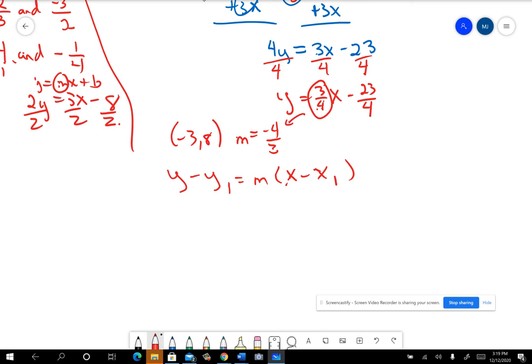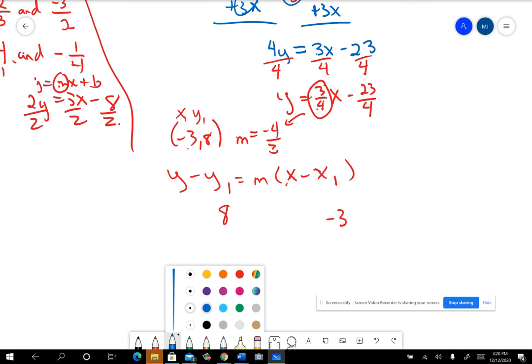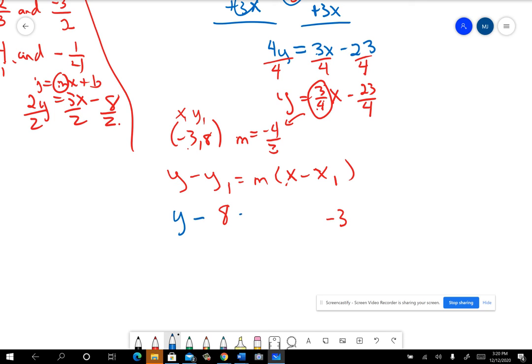Then we'll rearrange things to get it in the form we want it in. So we'll plug in the y with the y. Now this one has a -3 for the x1. This is your x1, this is your y1. So you're going to do y minus 8 equals -4/3, x minus the -3.